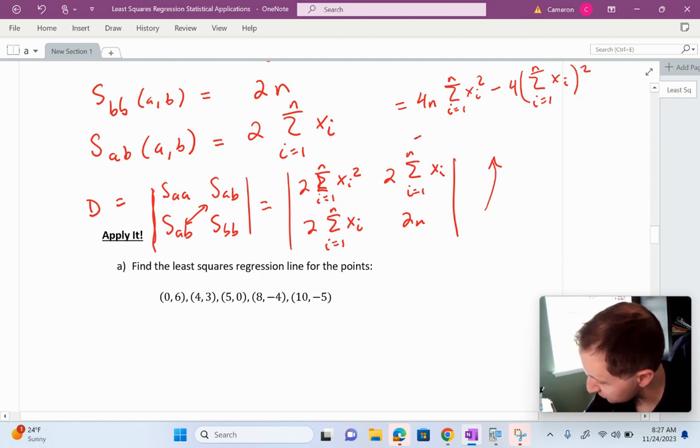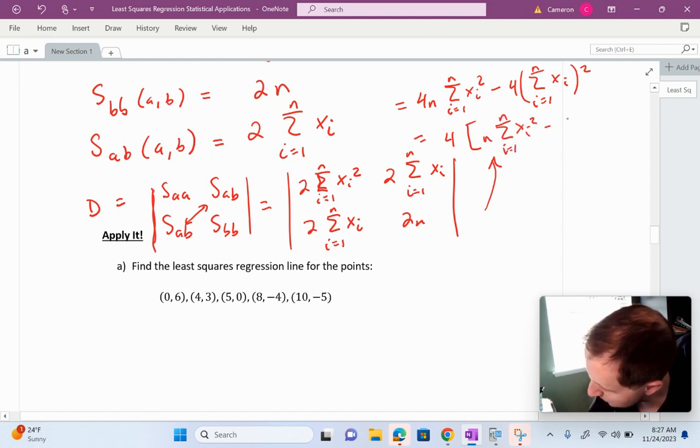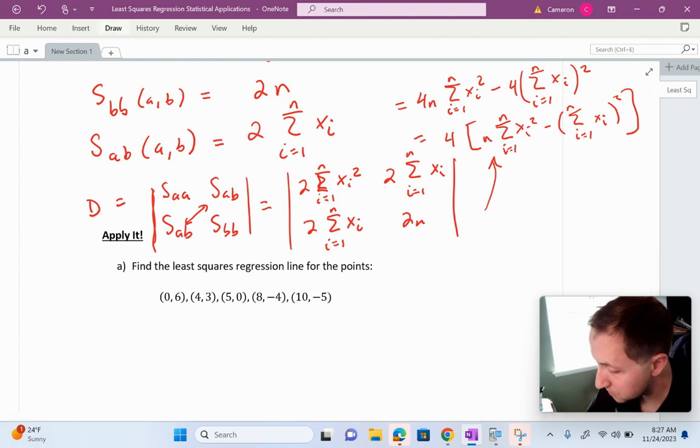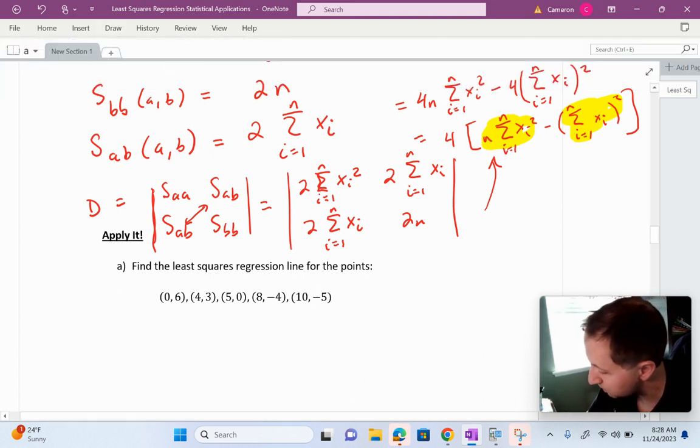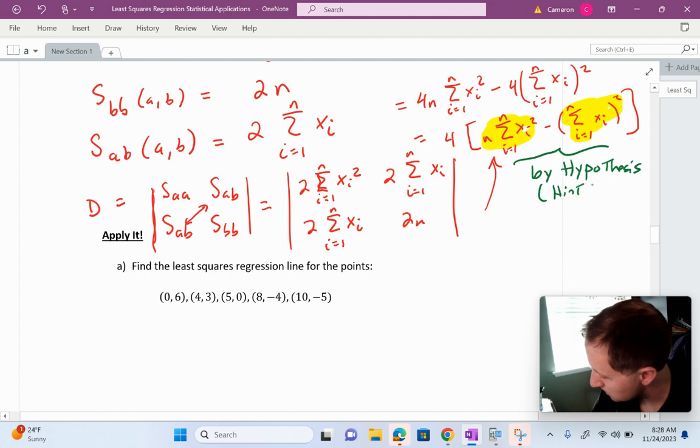I can factor out a 4, and this is where we'll use the hypothesis. n times the sum of xi squared minus the sum of xi, that whole sum squared. By the hypothesis, we were told that this first component is greater than this second component. Well, that means if I take the difference, that difference has to be positive. So by hypothesis, or by the hint, this is greater than 0.